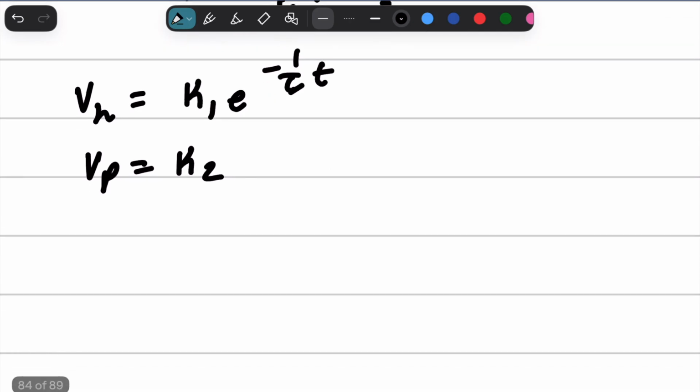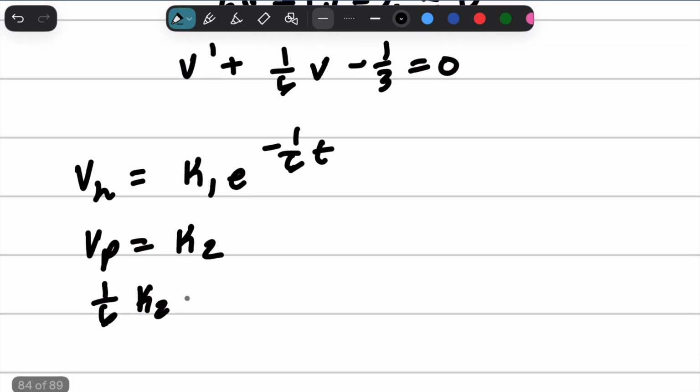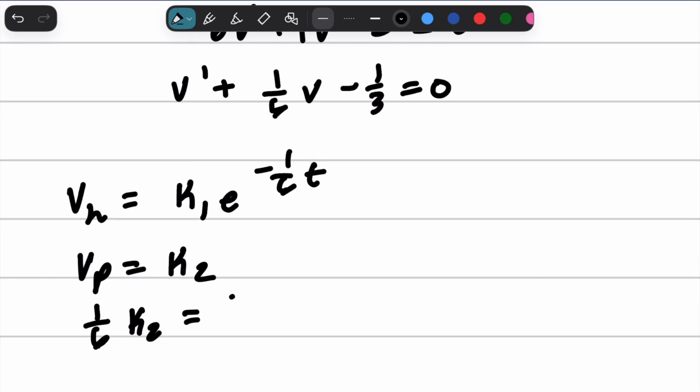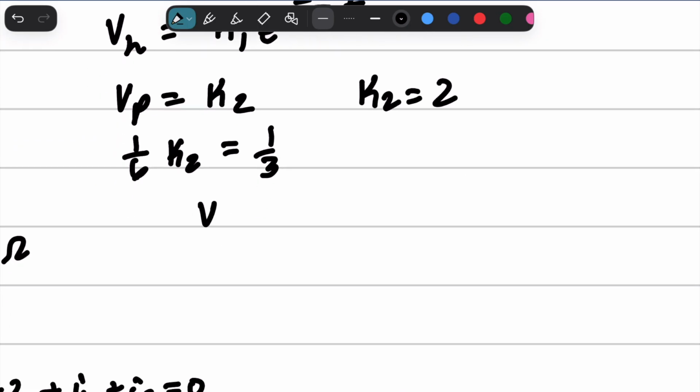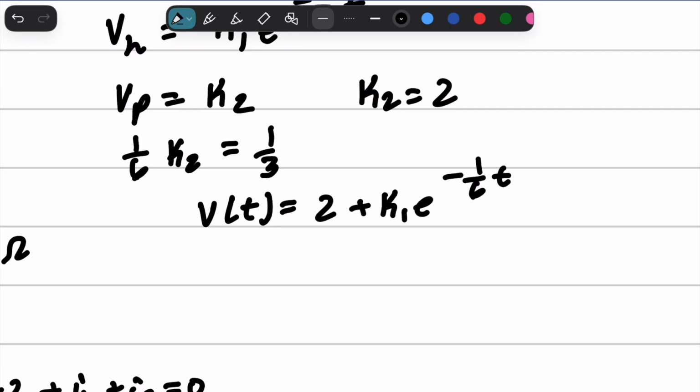We're going to go ahead and plug in K2, 1/6 K2 equals 1/3, sorry, and K2 is equal to 2. We're going to plug this guy in. V of t is equal to 2 plus K1 e to the negative 1/6t. And then we're going to apply our initial condition.